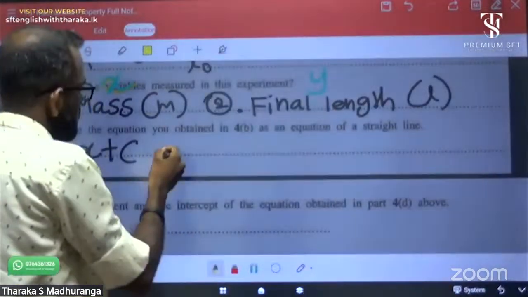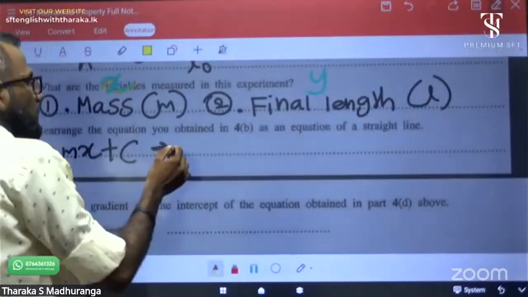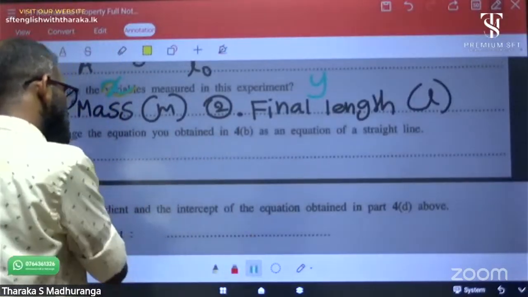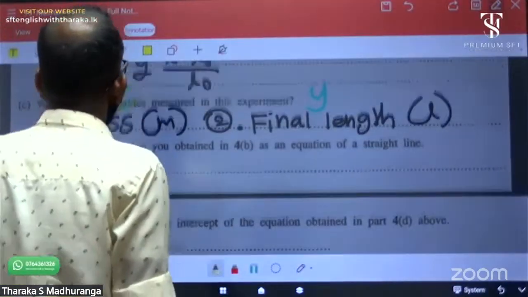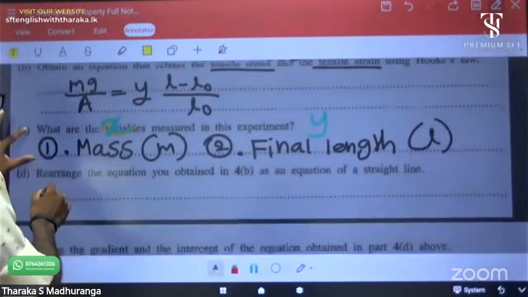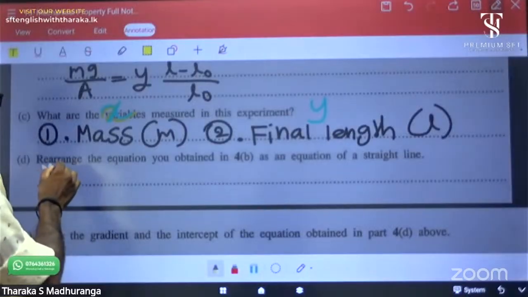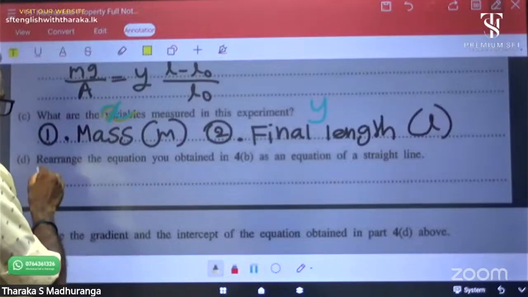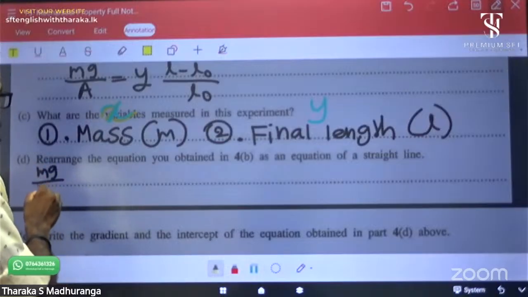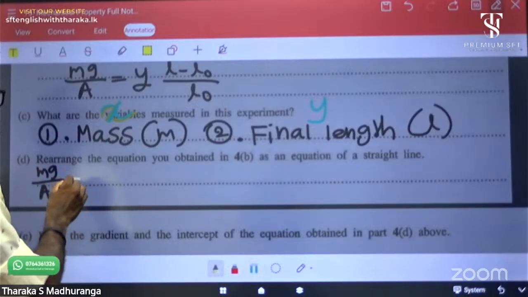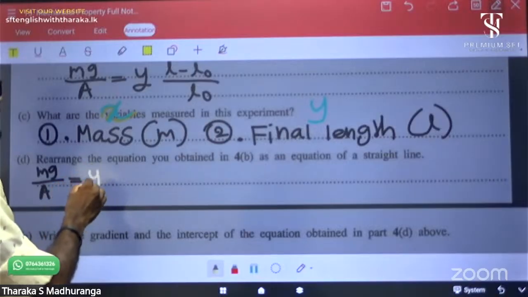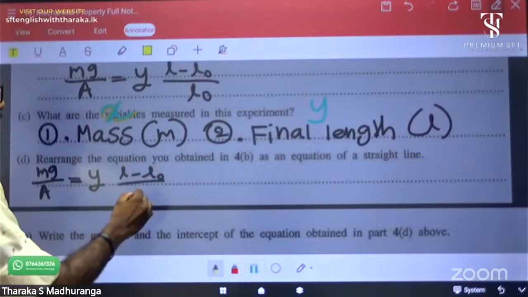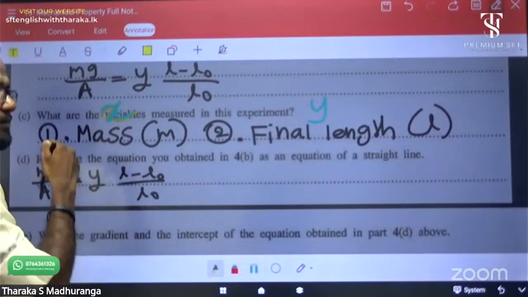Okay, now most important, what is our equation? mg over A equals Young's modulus times L minus L naught divided by L naught.